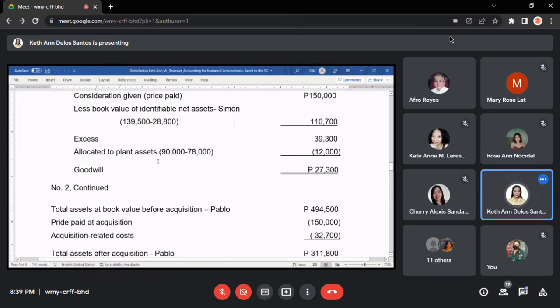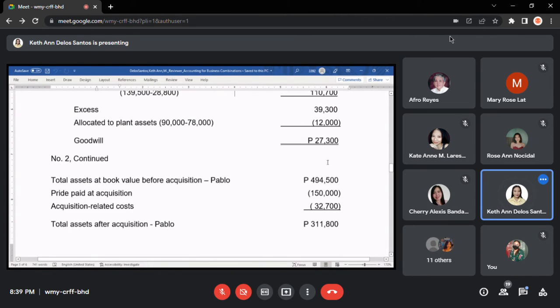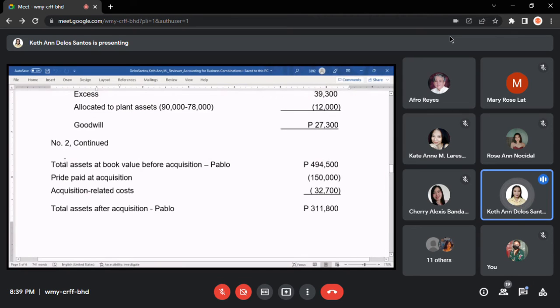Allocated to plants, fair value of 90,000 pesos less 78,000 pesos is equals to negative 12,000 pesos with a goodwill of 27,300. To continue, total asset of book value before acquisition of Pablo is 494,500.